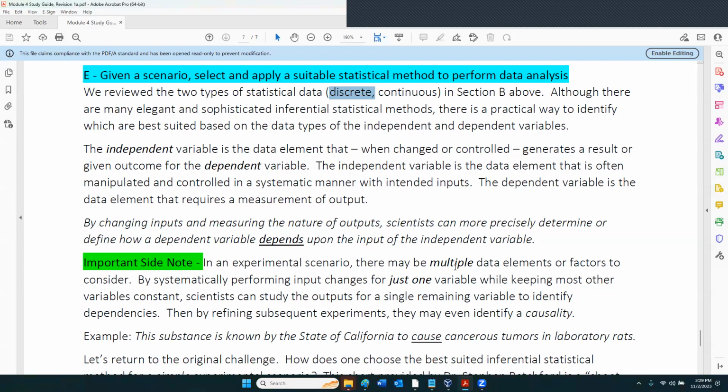Now, you could have a solid that's at room temperature, and you could have a solid that's at 90 degrees Fahrenheit or 90 degrees Celsius, but it's still a solid, and the temperature is continuous because there's a scale of temperature, and we can measure that.